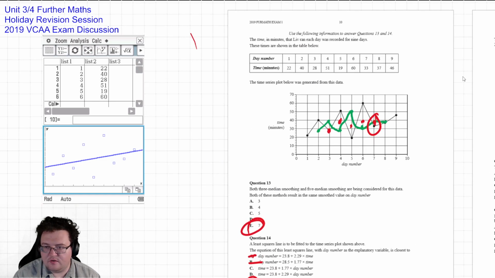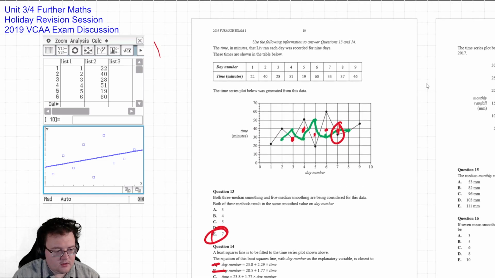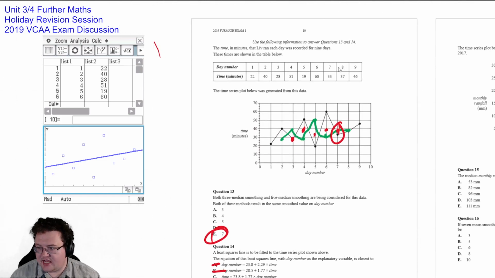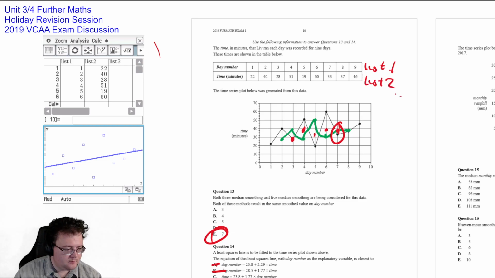Going back to the previous question, I entered those numbers along the top here. These were my x-axis. So these I put in list 1 in order. And then these ones here were my y values, which I put in list 2.